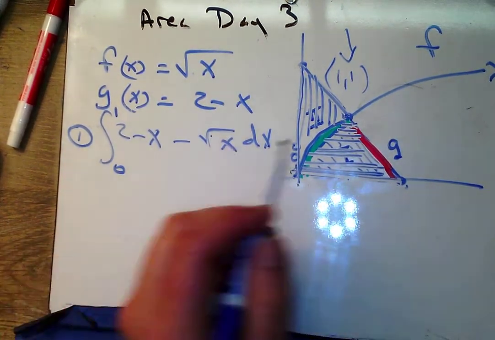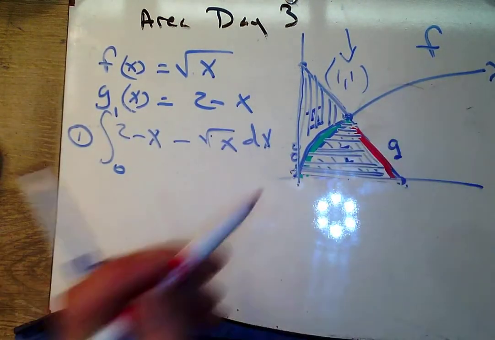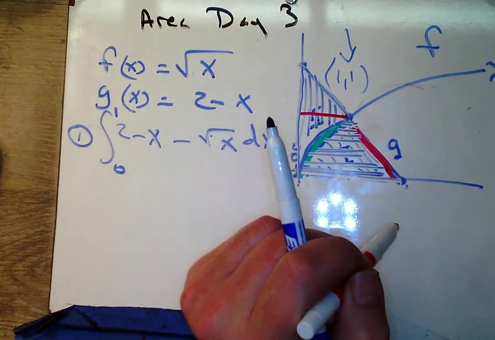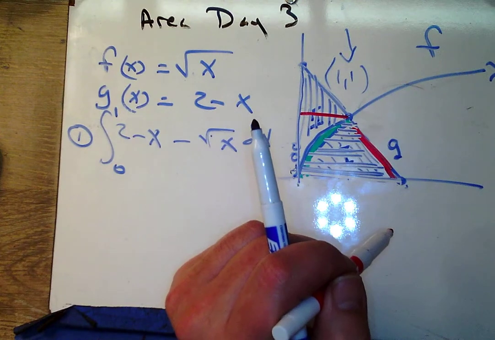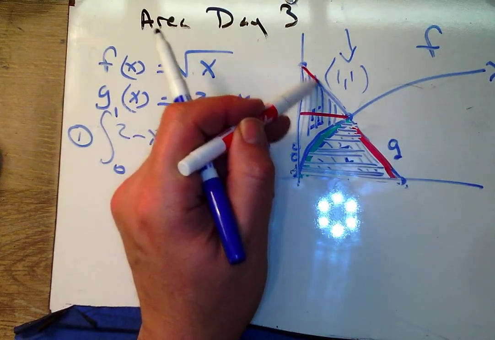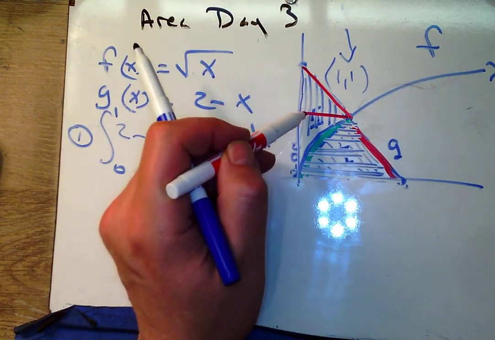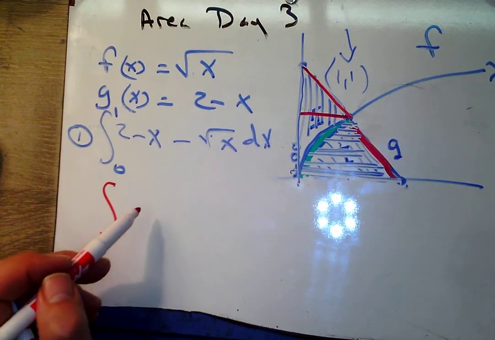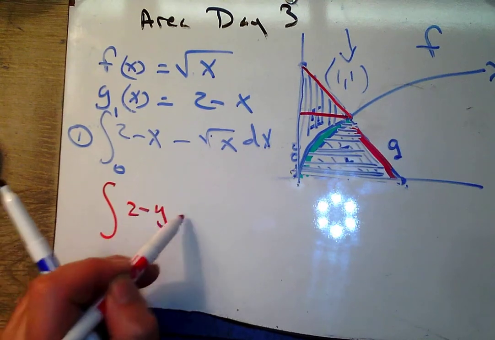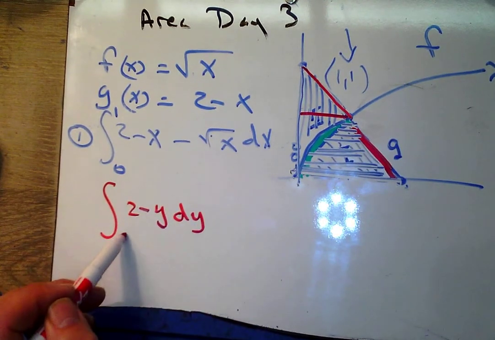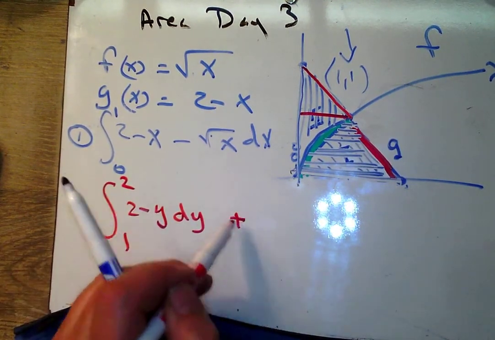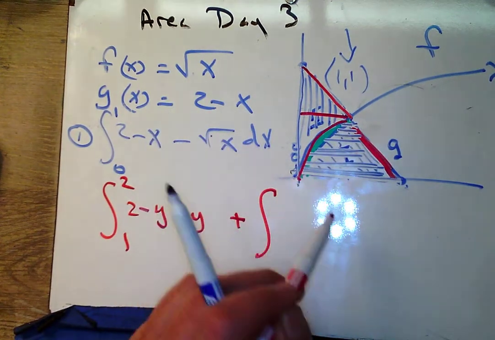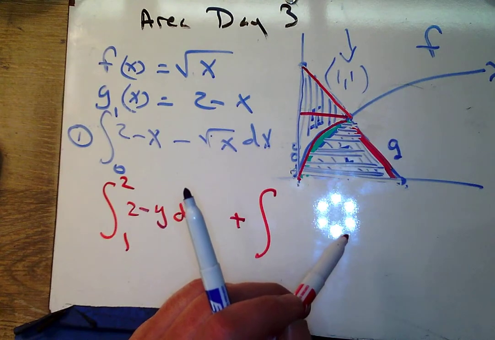A second method would be to do a hard right minus left. And why do I say hard? Well, because I have to split into 2 integrals. Right minus left. The integral of 2 minus y dy from 1 to 2. Plus, what about down here? Well, look, my right curve is different this time.